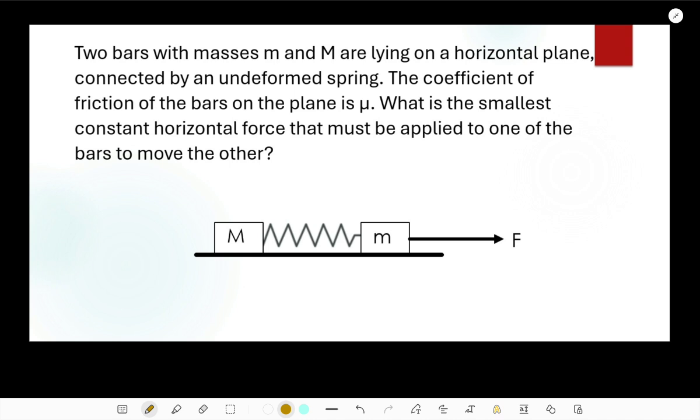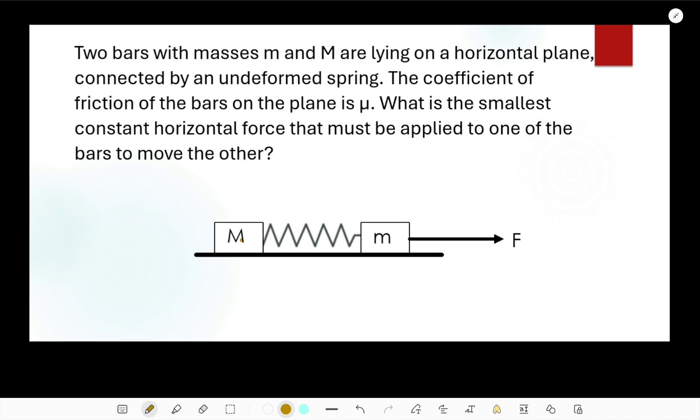Now in order for this block of mass capital M to move from its place, we have to apply a force on it, and this force will be applied by the Hooke's law obeying spring.